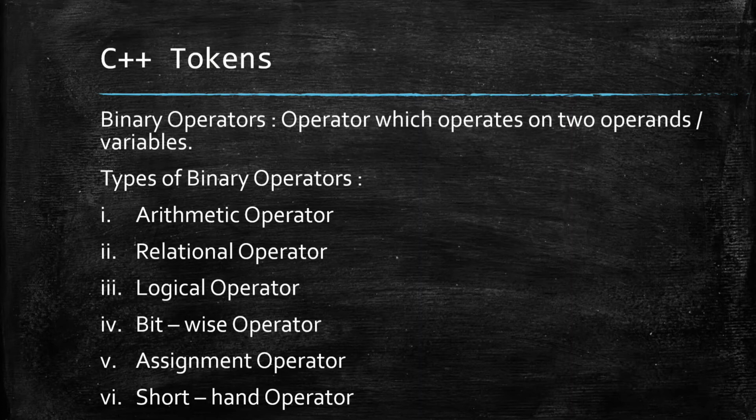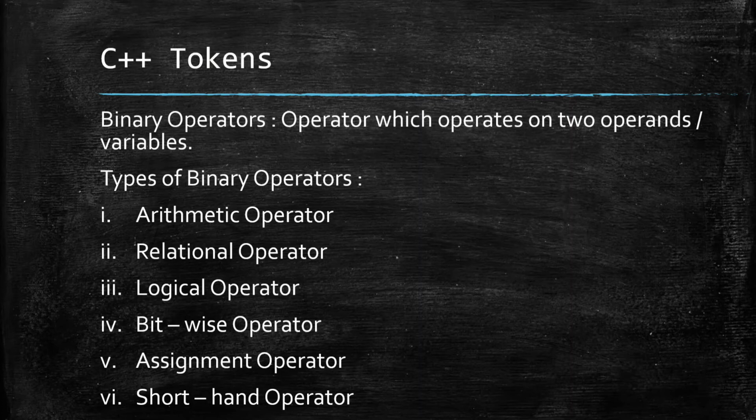Now for binary, it must have two operands, like your a plus b. A plus b is a binary operator, right? Your a minus b, all these are, because there are two operands. So this single operator works on two operands, so it is known as a binary operator.